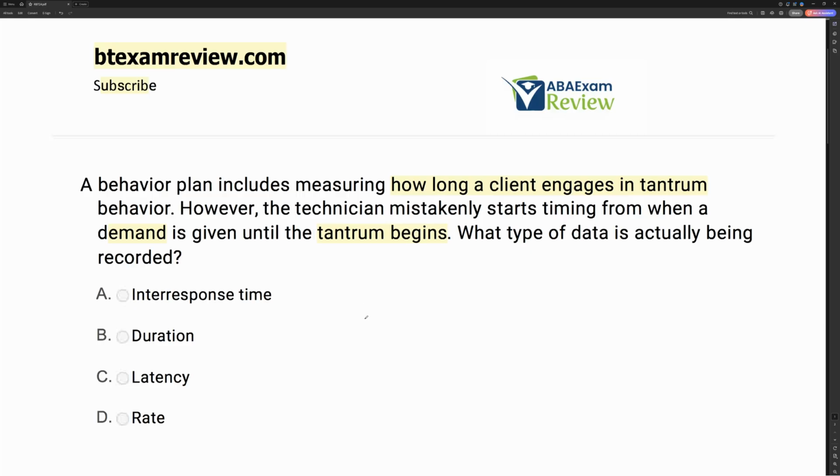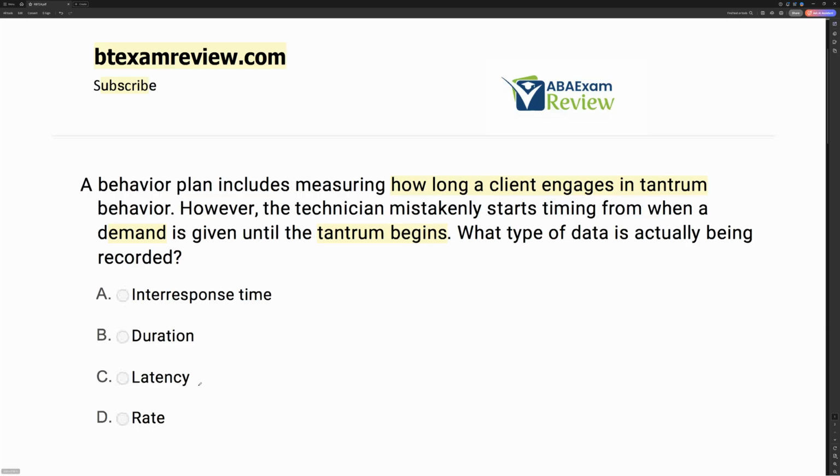A, inter-response time. Well, inter-response time is time in between responses, not time in between the SD and the response. B, duration. Duration is what's supposed to be measured, but we know that's not occurring. Duration is how long the client engages in tantrums. What's being measured is time in between the demand and the start of the tantrum.